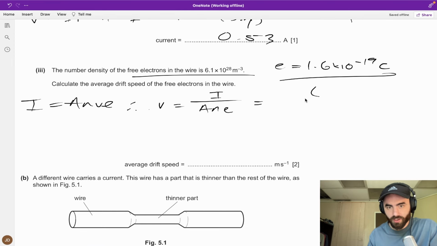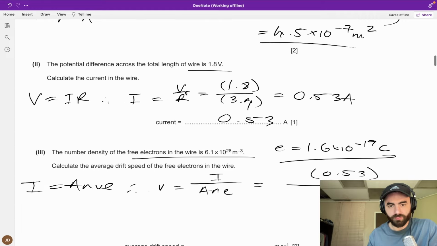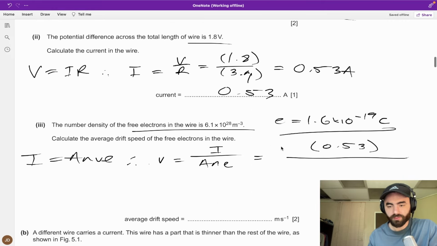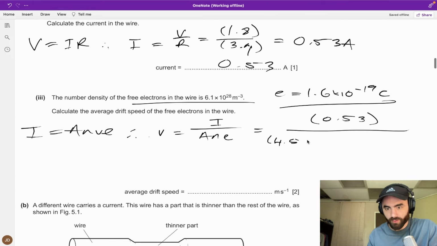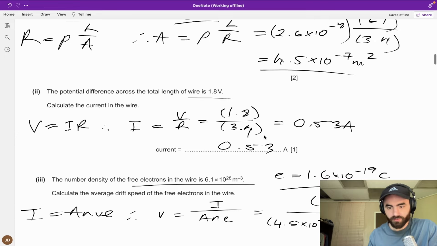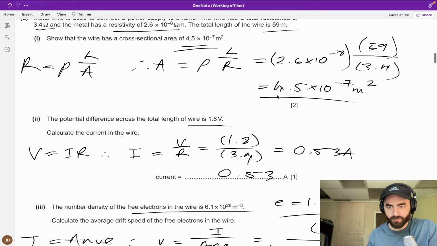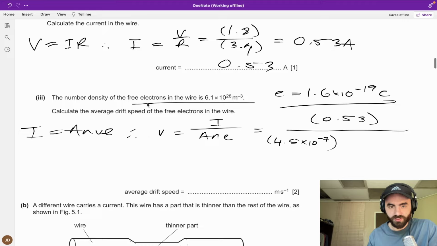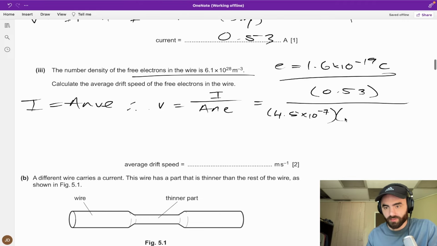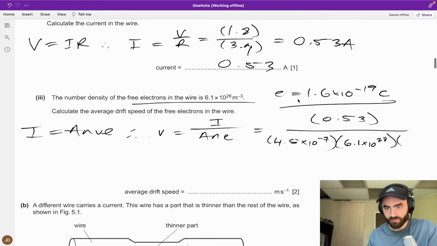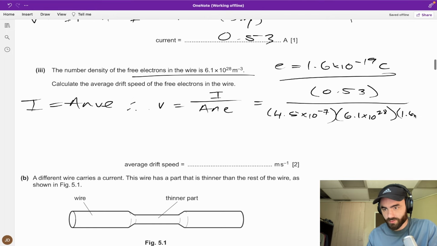It's going to equal I, which is 0.53, divided by A, the cross-sectional area, which was 4.5 times 10 to the negative 7, times N, which is the number density, 6.1 times 10 to the 28, and then times 1.6 times 10 to the negative 19.